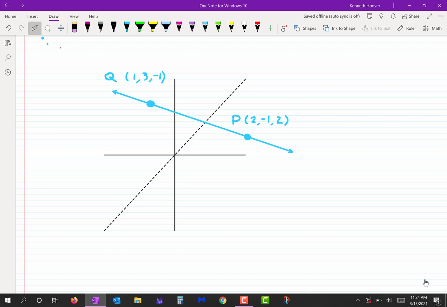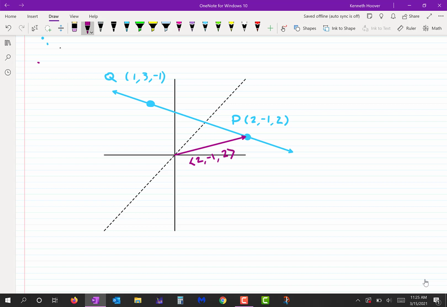Okay, so for me, I'm going to choose the vector pointing to point P from the origin. Okay, I'm going to use that as my initial vector. So that's the vector 2, -1, 2.